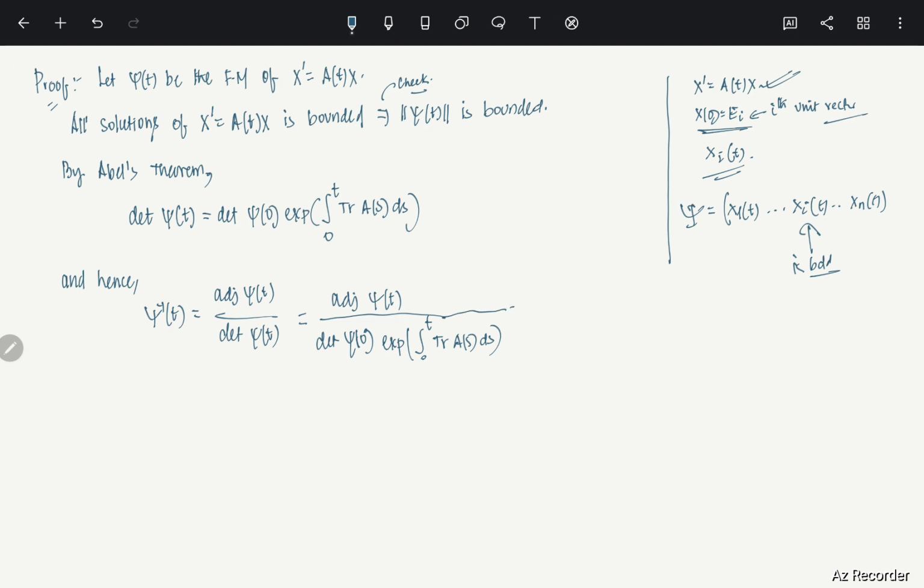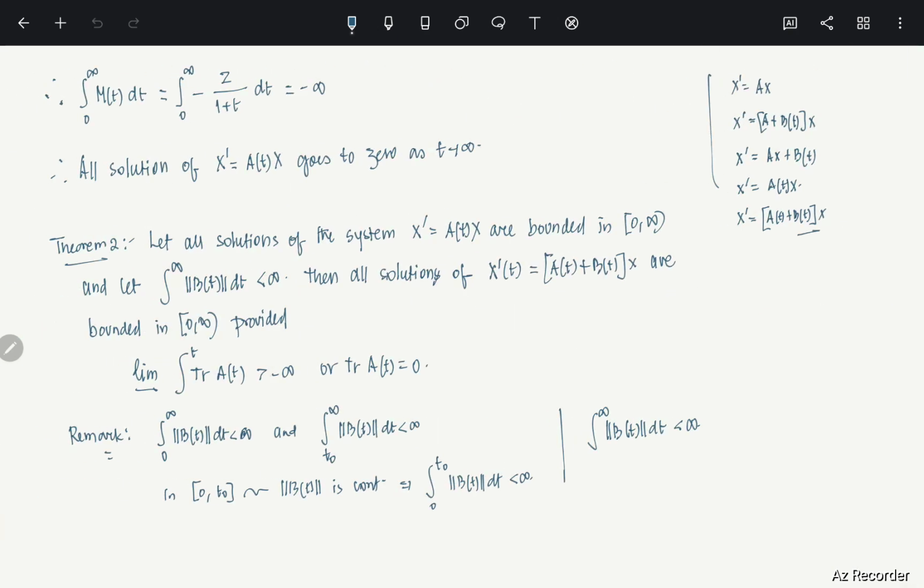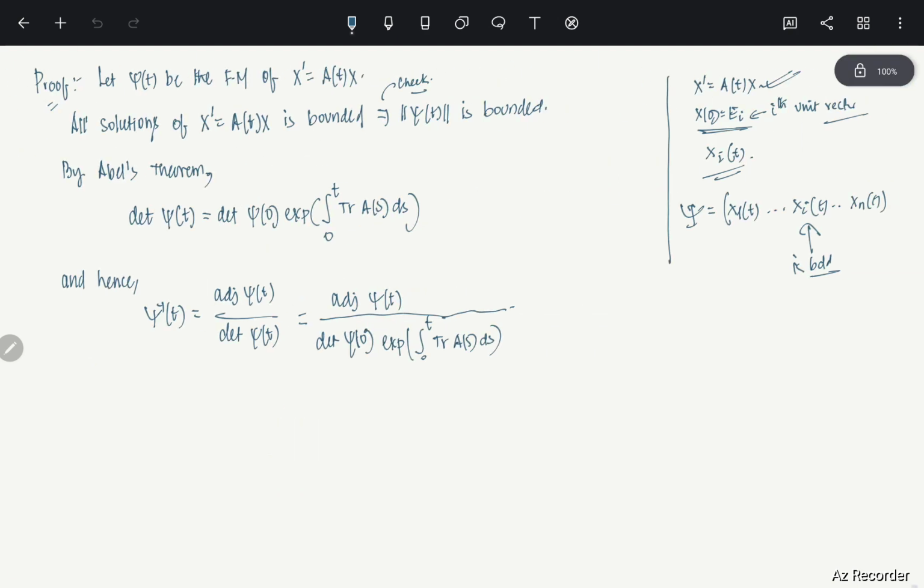Now you see, the limit of the integral of the trace of A(t) is either greater than minus infinity or it is 0. If this is the case, then the exponential of this particular thing has to be bounded.